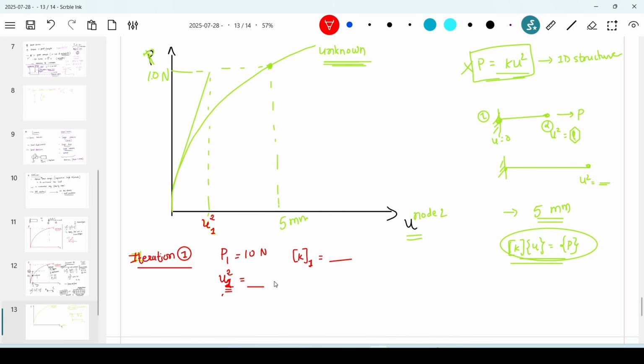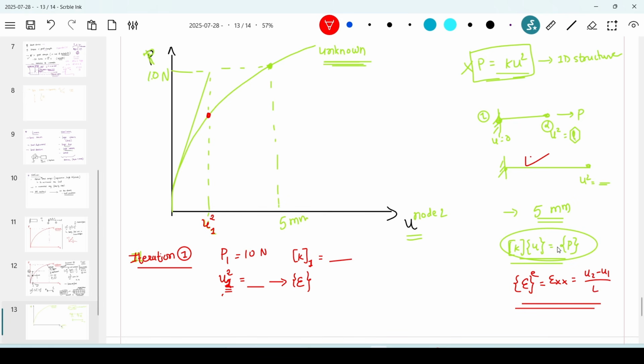Now I want to find this point. So how do we get it? From u I can find the strains, the same procedure we follow in FEA. For a 1D element, epsilon e is equal to epsilon xx, which is the B vector times u, that is u2 minus u1 by L. You can review this in our old notes.